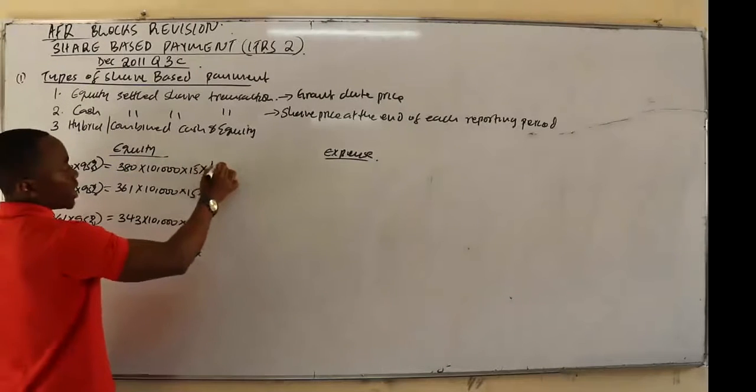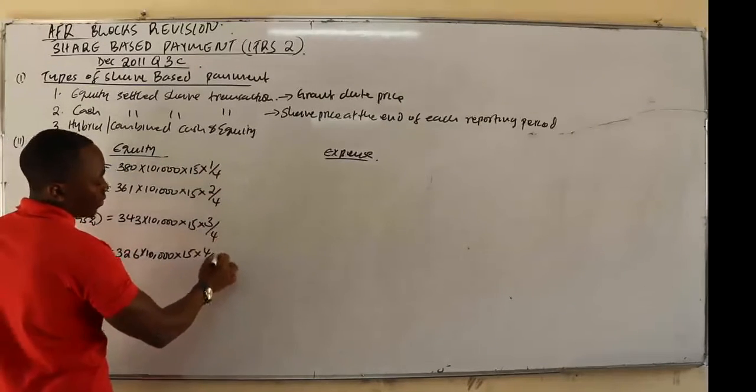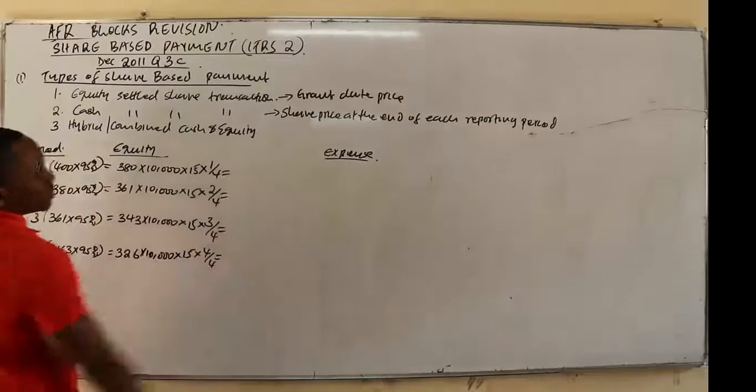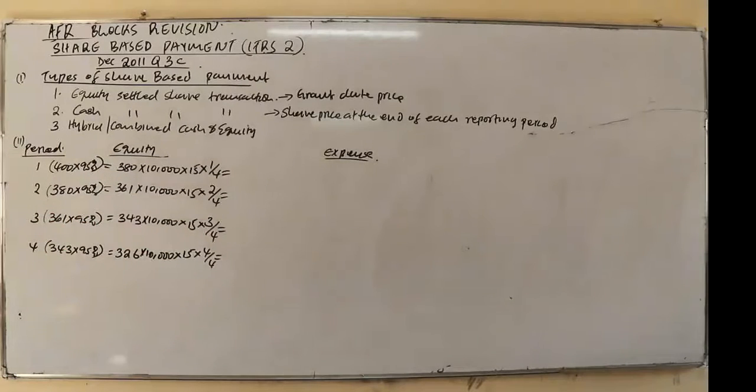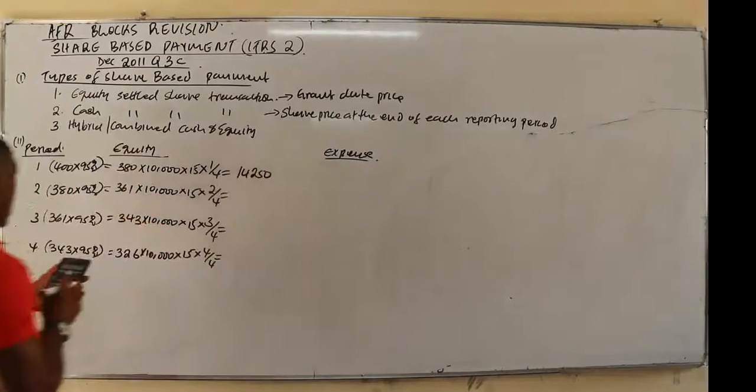So the first one will be 1/4, 2/4, 3/4, 4/4. So what do we get? So that's the number being 1,000. So it's 14,250.